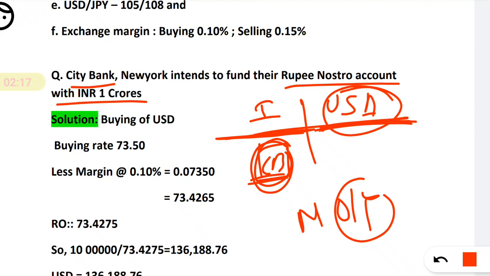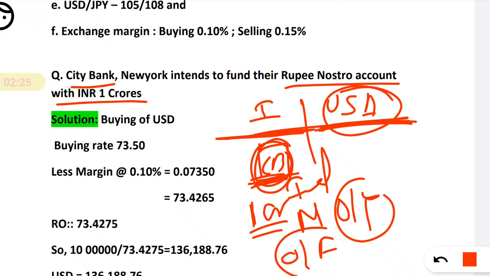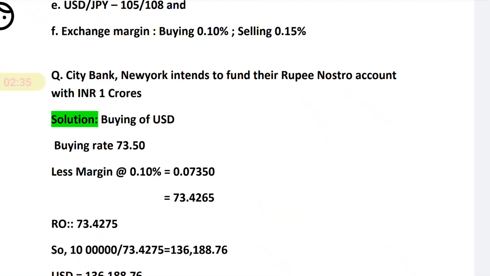We have to credit that account with 1 CR Indian rupees. So here there is an outflow of the home currency, as we have to credit 1 CR. In return we will definitely get dollars from the USA. So that's why this is the buying case.